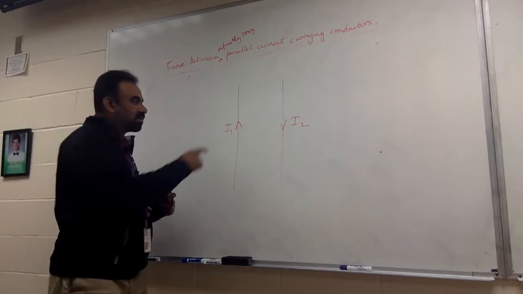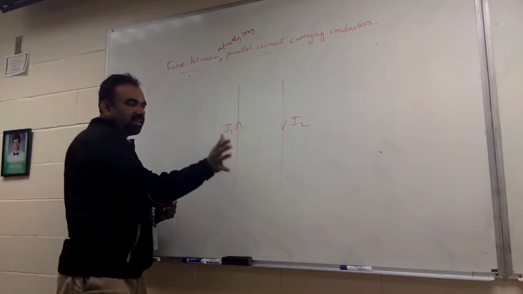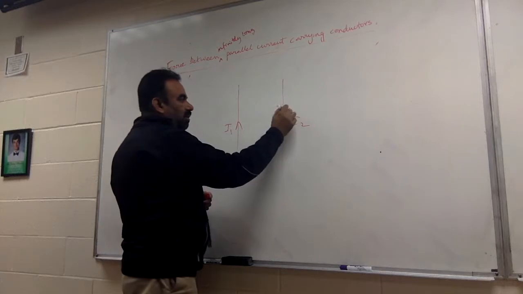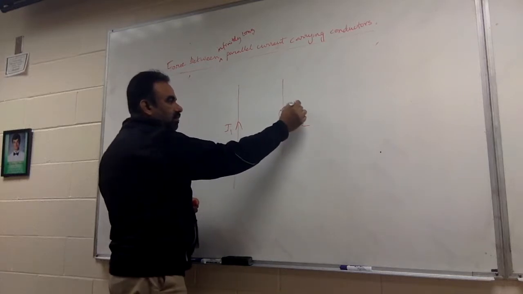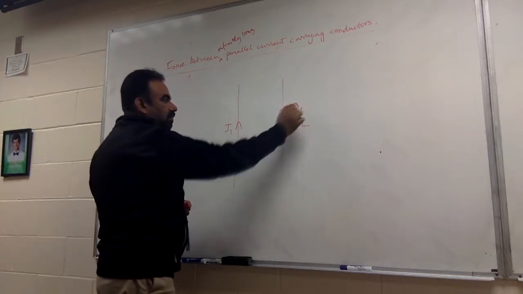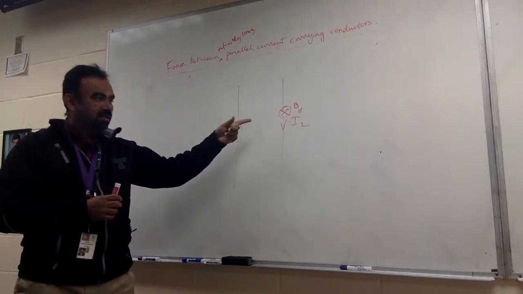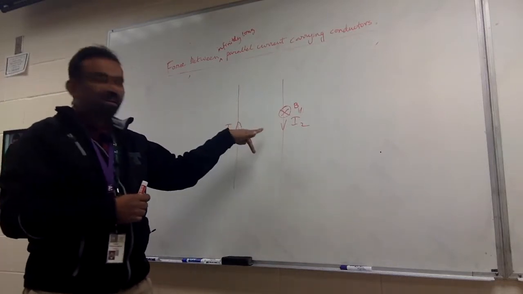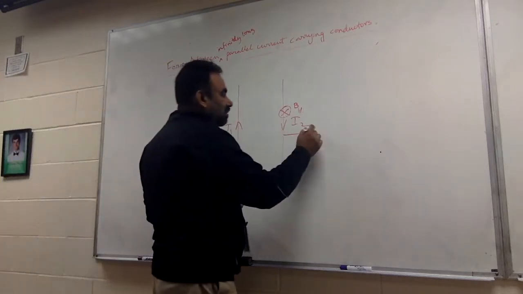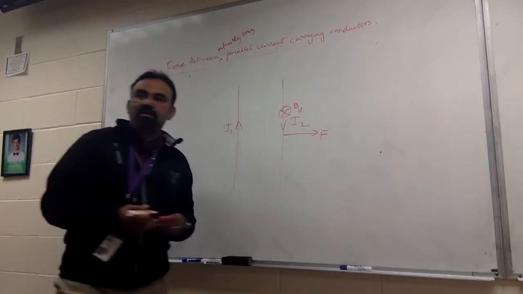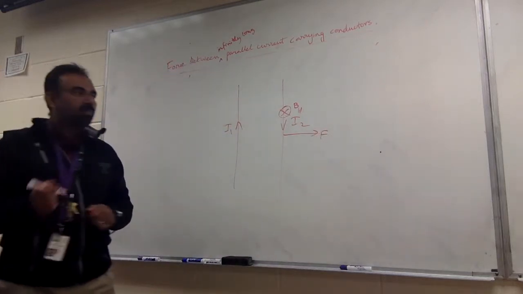Yeah, so what will happen is this current produces a magnetic field here, which is inward. That magnetic field in and the current down produces a force that way. And the opposite is also true.